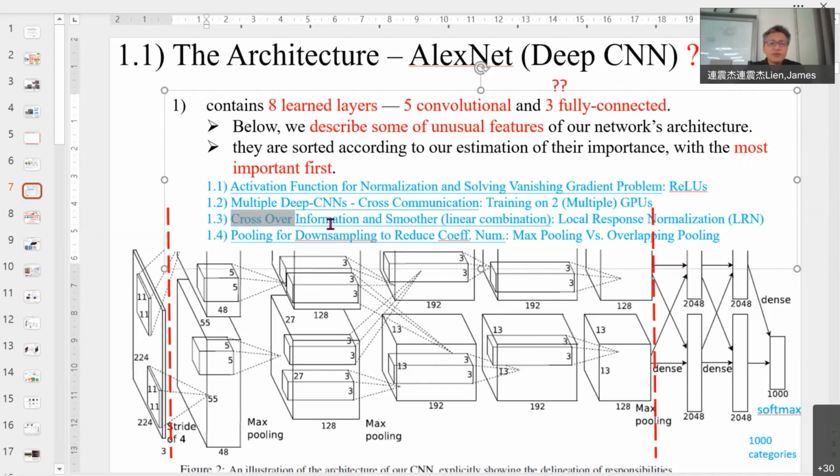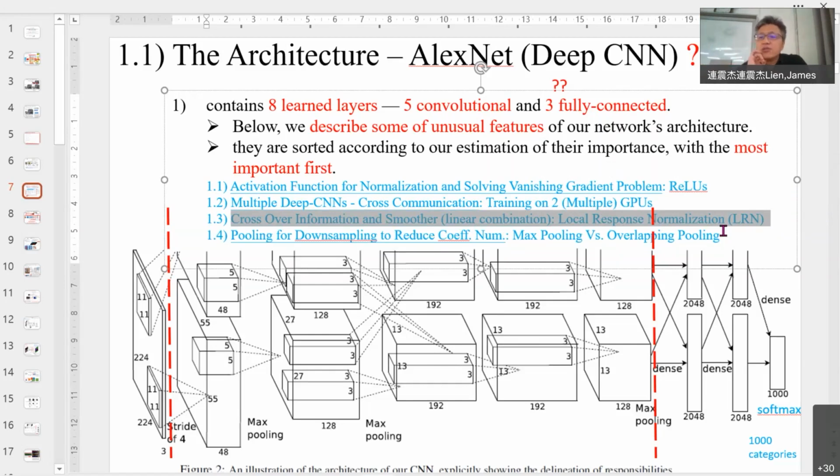The third one, they developed what is called LRN. LRN is a kind of crossover of the maps. But right now we don't use LRN anymore, so I ignore this one.